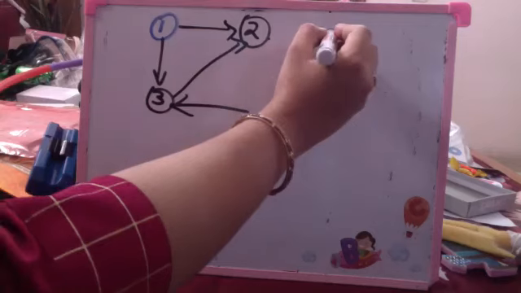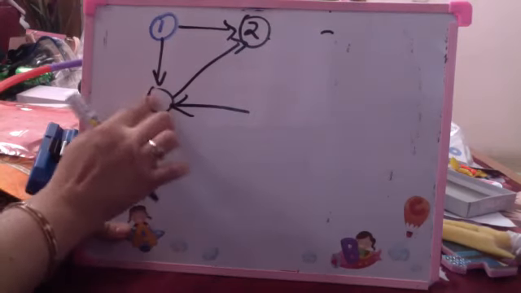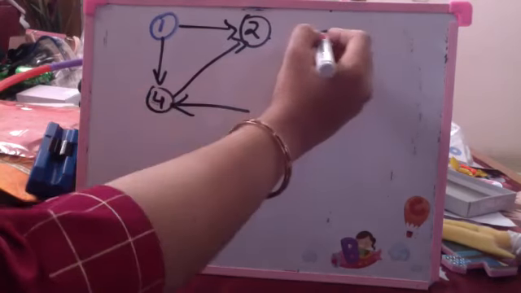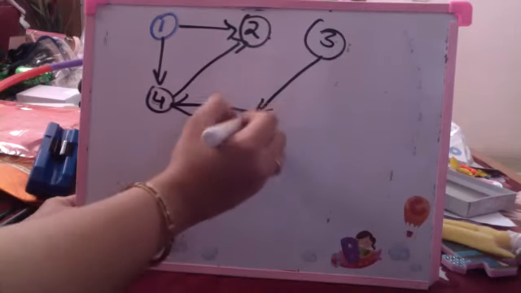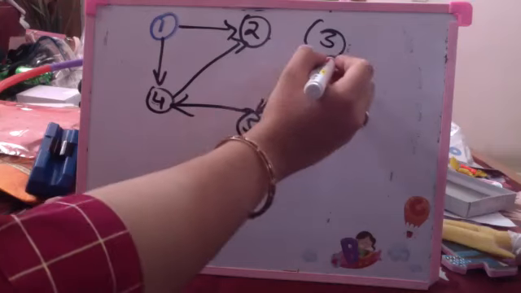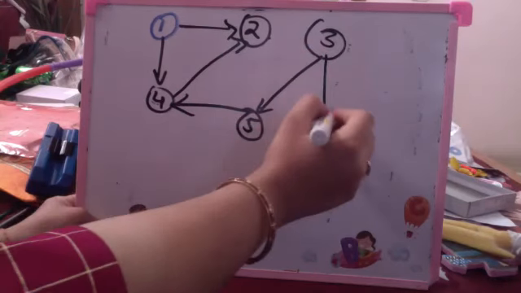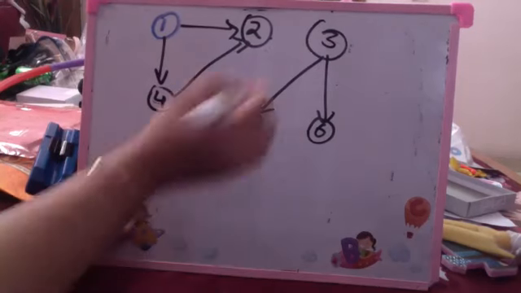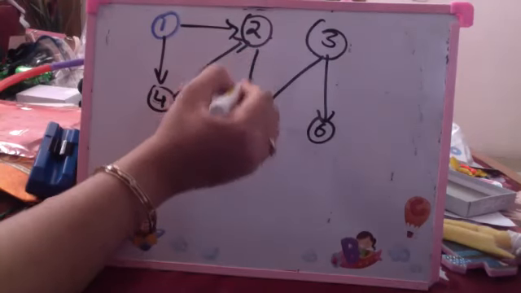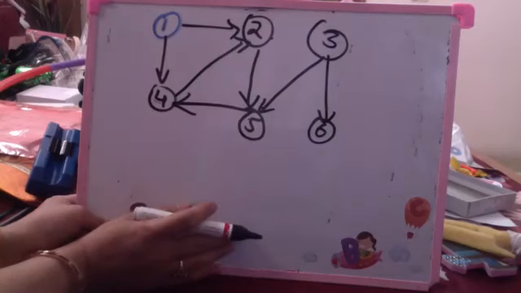This becomes my 4th node. This is my 3rd node, which is connecting adjacently to the node 5. And I have a 6th node as well. This is my graph. Only these are the edges which are given. Is this clear to all?